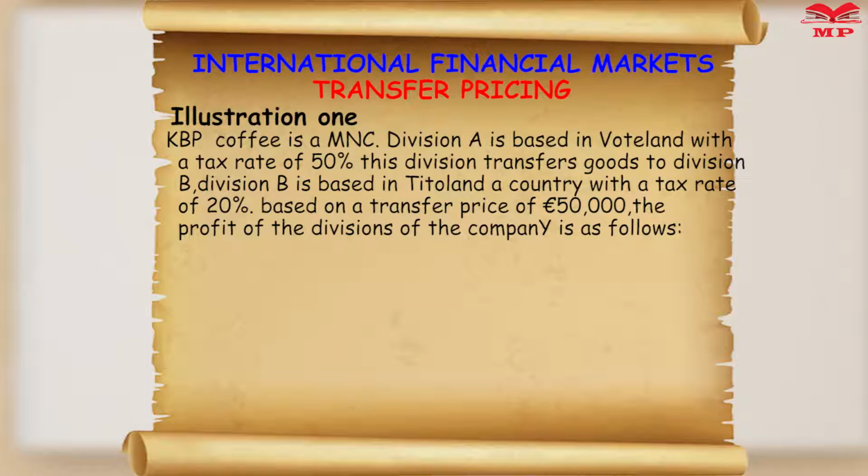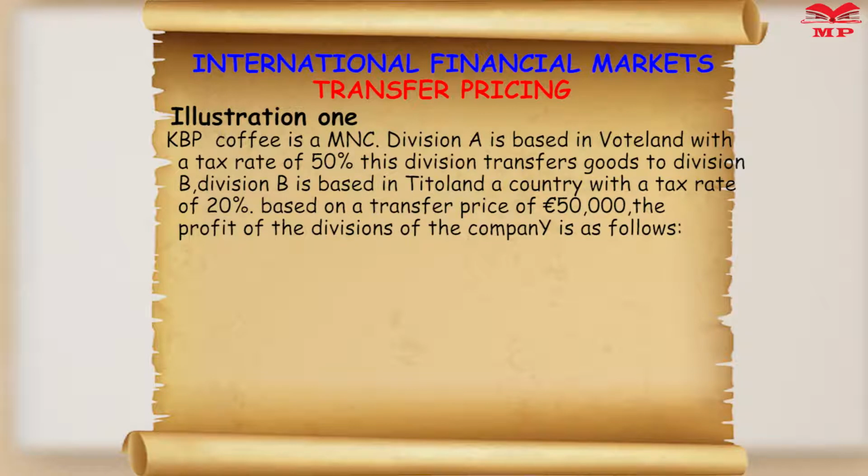This division transfers goods to Division B. Division B is based in Titoland, a country with a tax rate of 20%. Based on a transfer price of pounds 50,000, the profit of the divisions of the company is as follows.